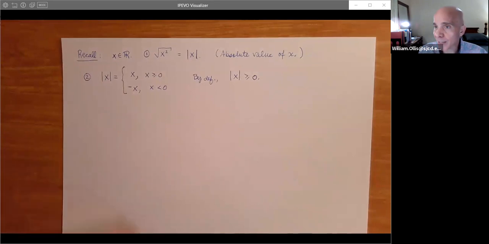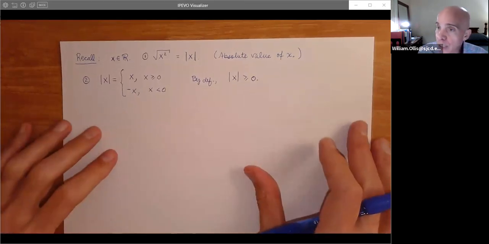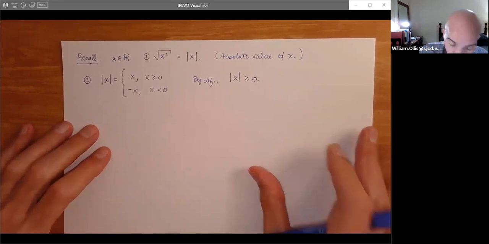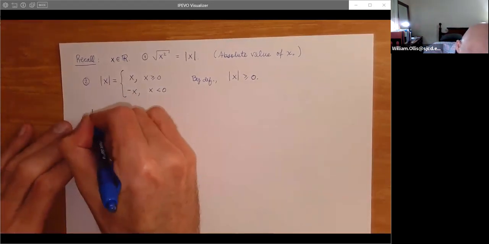So again, this is like a problem you use when you do the function transformations. Now, one small lemma I'm going to add to this that you're going to use in section 5 of chapter 1 is the absolute value equation. So here's a lemma.